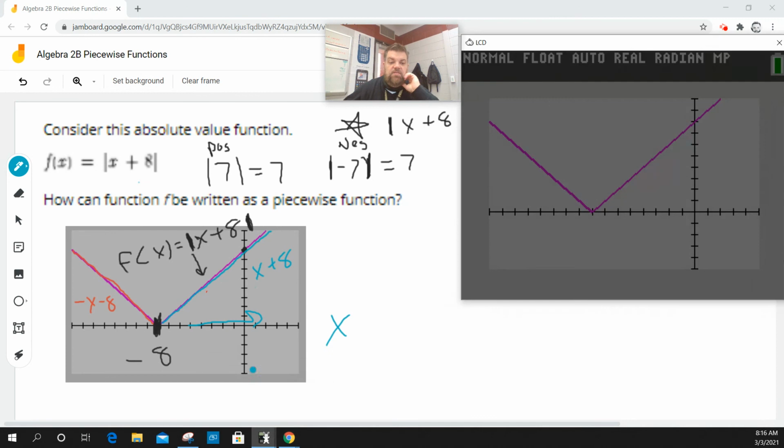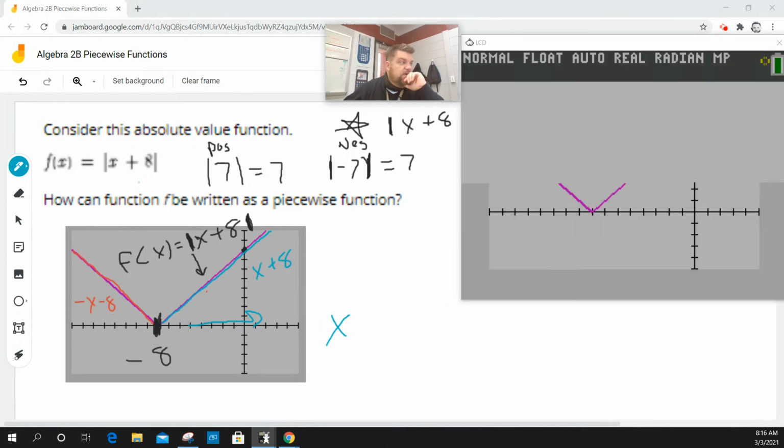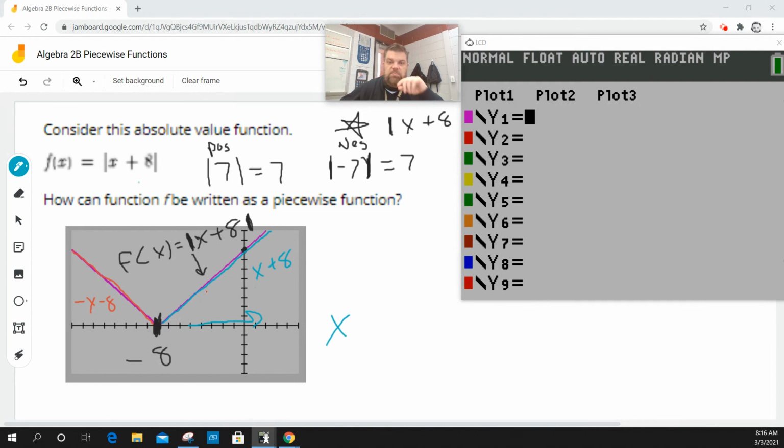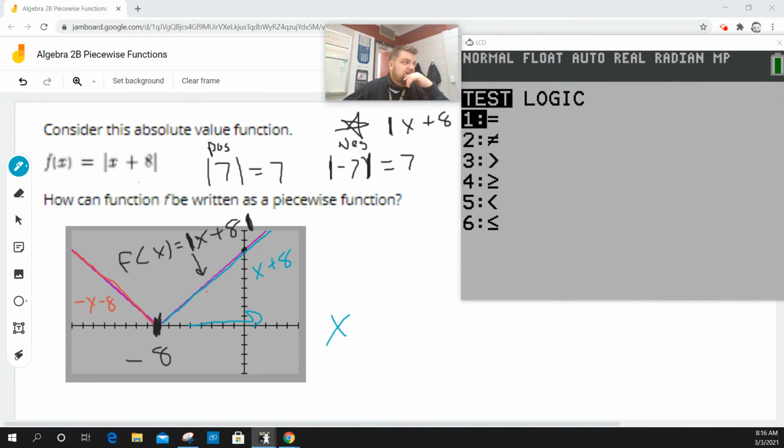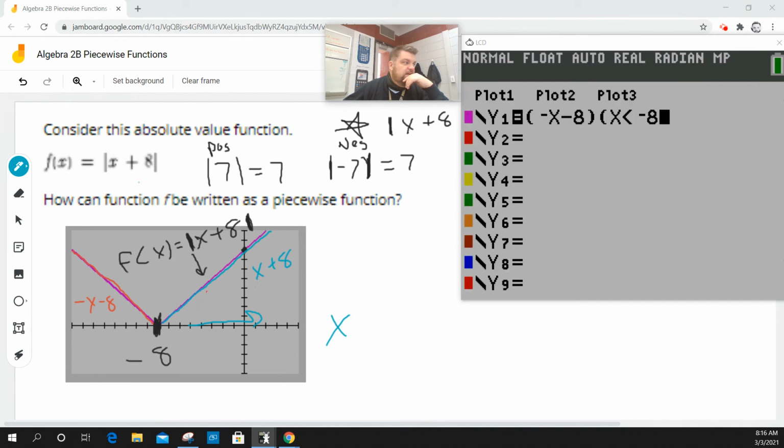Now remember from yesterday, I said the way that you graph the piecewise function is you take the first part of the function and you put, I'm going to go in the order of the domain. So I'm going to go from the furthest to the left to the furthest to the right. So I'm going to put in negative x minus 8. And then I'm going to define the domain from being x is, remember we hit second math to get the test, less than negative 8.